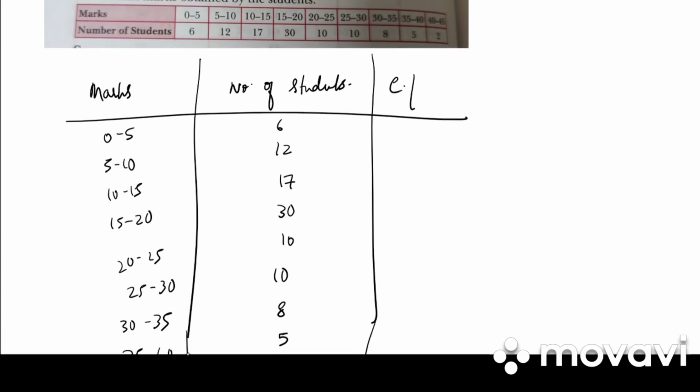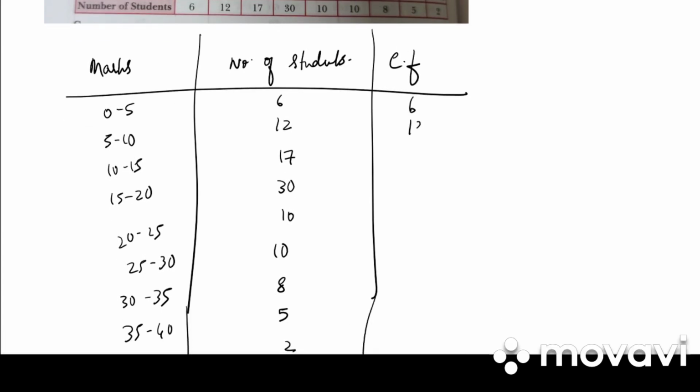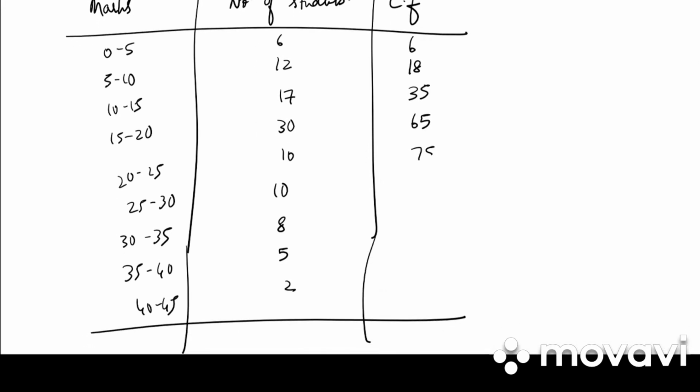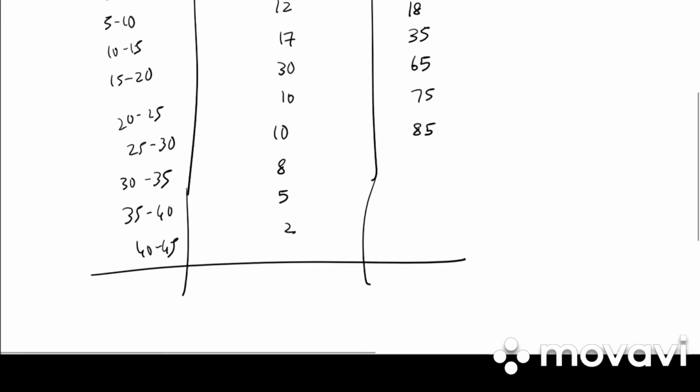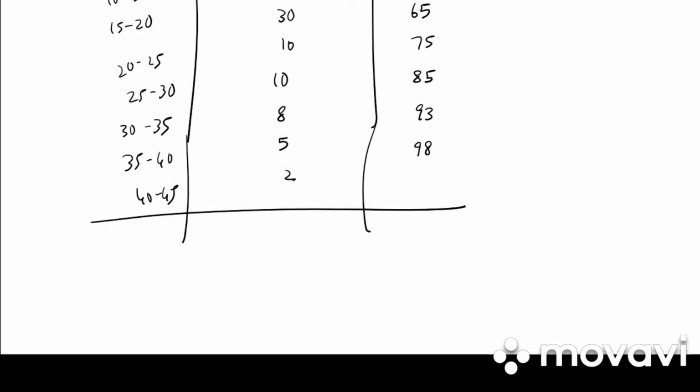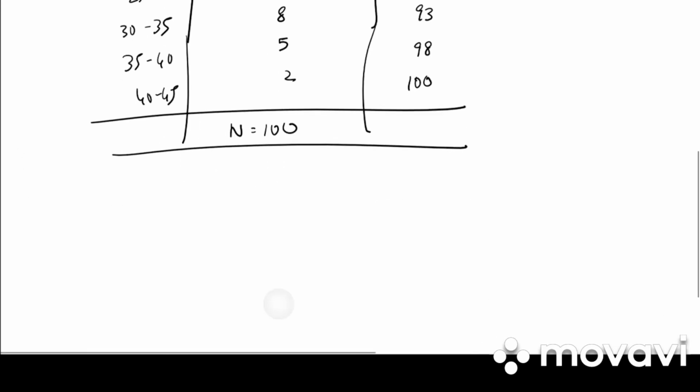Next column is cumulative frequency: 6, 6 plus 12 is 18, 18 plus 17 is 35, 35 plus 30 is 65, 65 plus 10 is 75, 75 plus 10 is 85, 85 plus 8 is 93, 93 plus 5 is 98, 98 plus 2 is 100. N is equal to 100.